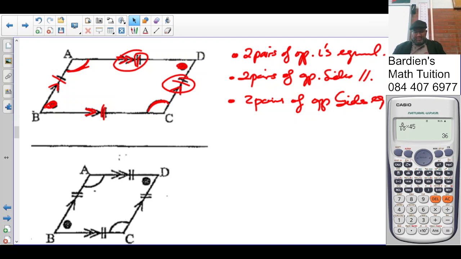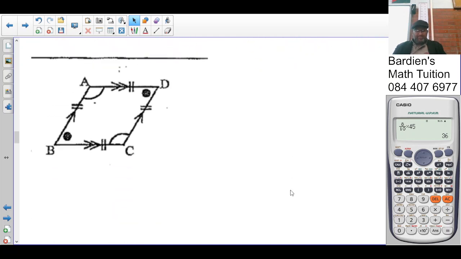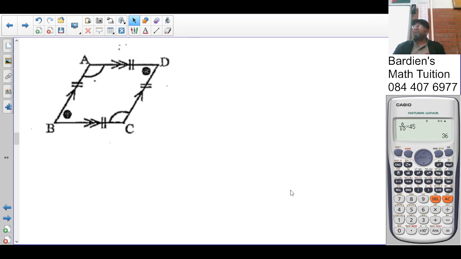Alright, so let's look at the next shape. This is a rhombus. In the rhombus we normally have, I think, 6 or 7 properties, but excluding the diagonals. In grade 8, there are, I think, 4 or 5.